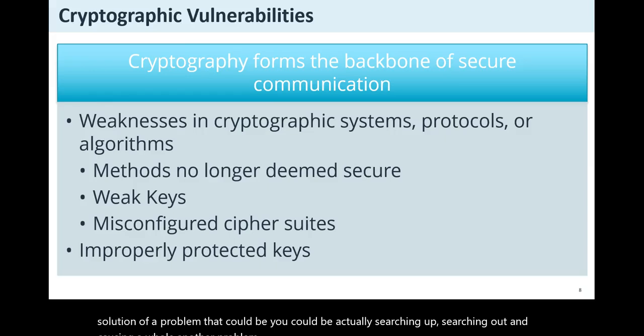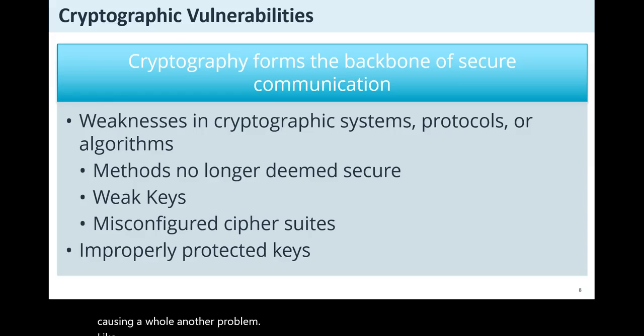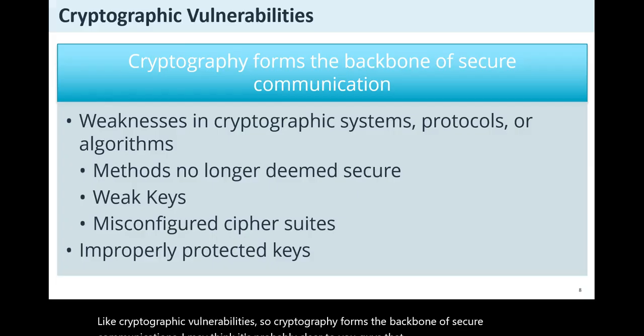All right, cryptographic vulnerabilities. Cryptography forms the backbone of secure communications. I think it's probably clear to you guys that in order to communicate with someone and have confidentiality and integrity with the communications, you have to believe that it's not being intercepted or altered. The message that's sent needs to be verifiably the message that is received, right?